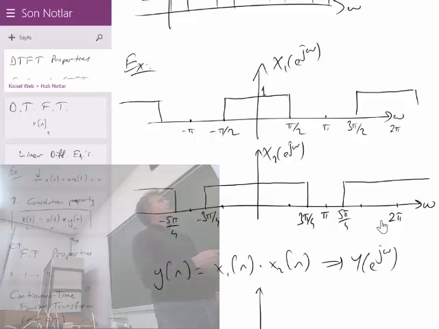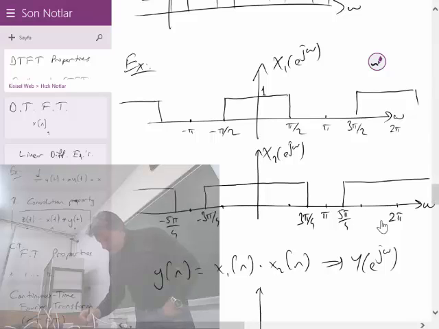Well, you have to just slide this one by an amount of pi, and see where it goes down. Then you shift this one to pi, over this sample 0 to pi. Just draw that on top of the top one.